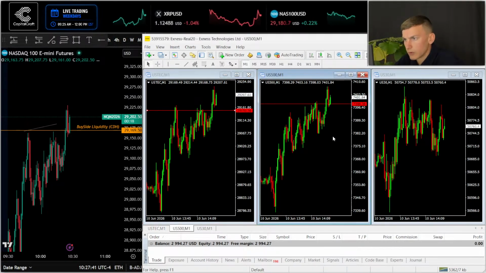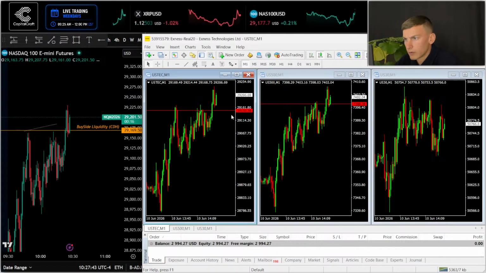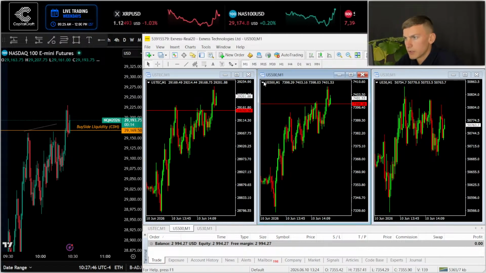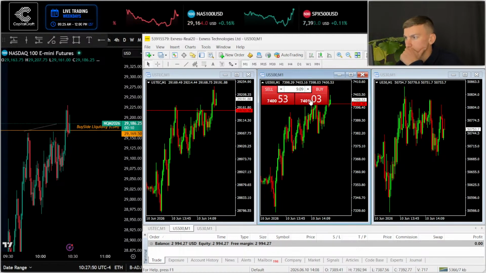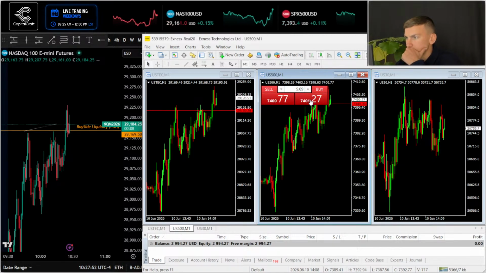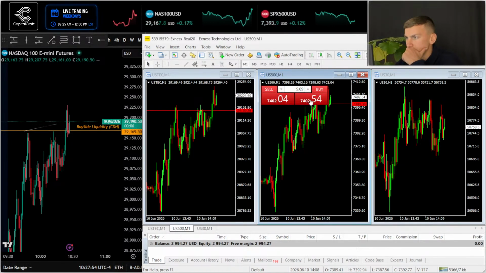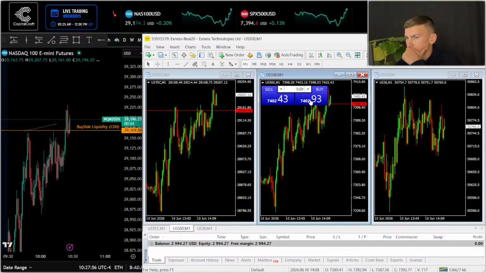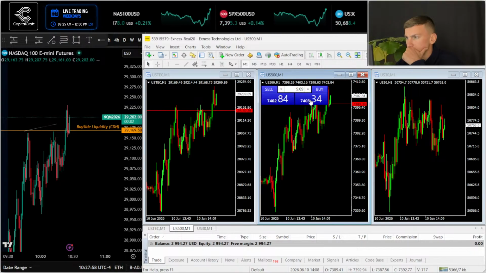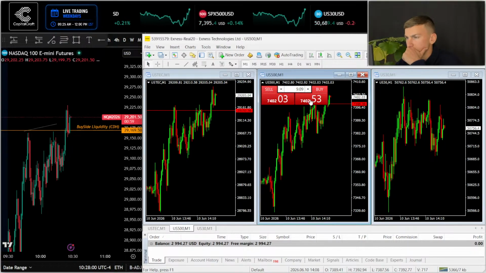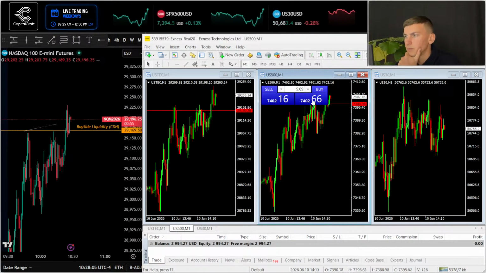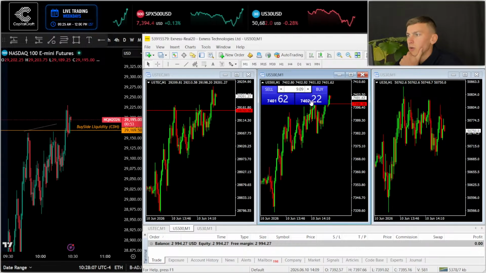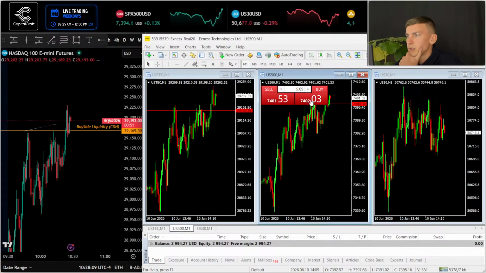Fingers crossed we do get one little more sweep down on the S&P. If we can do that, we'll go long. Let's see a push down a little bit more. Just a little bit more on the S&P, we should be good.